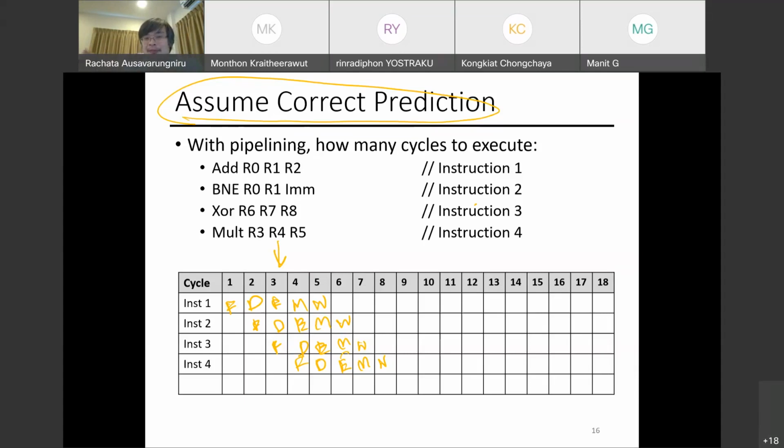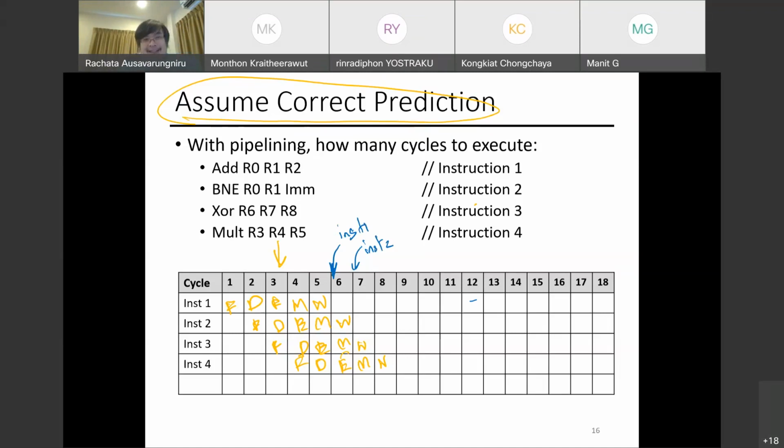At the end of instruction 5, this is where the programmer sees instruction 1 finish. I will see instruction 2 finish right at the end of cycle number 6.